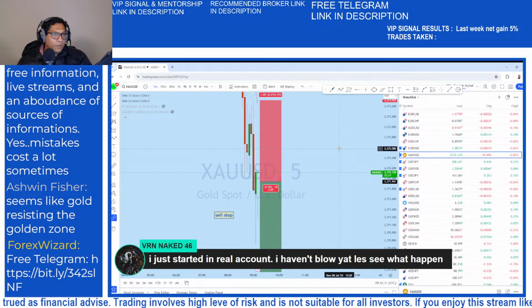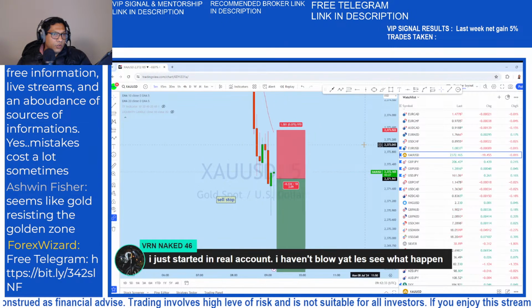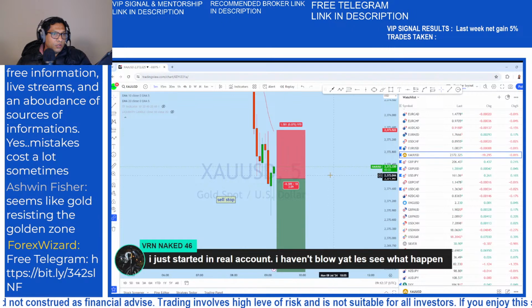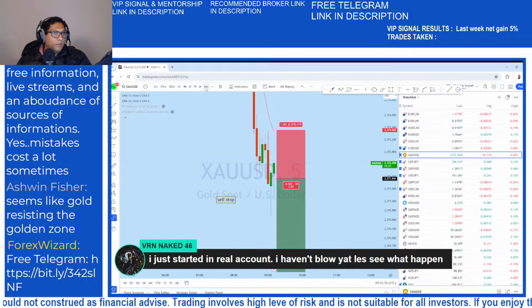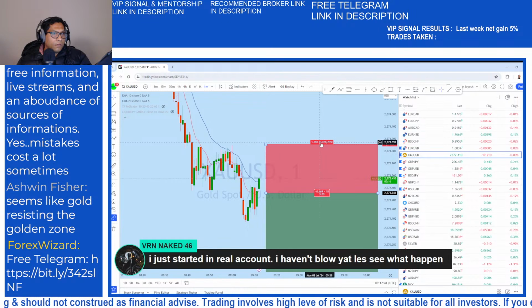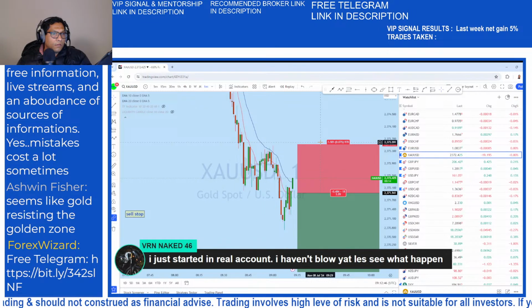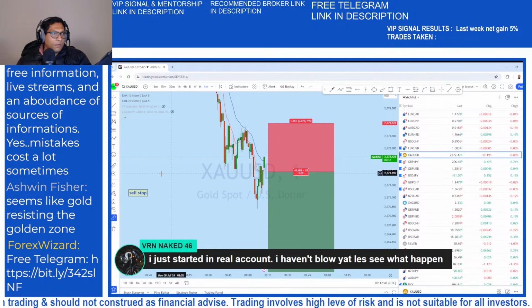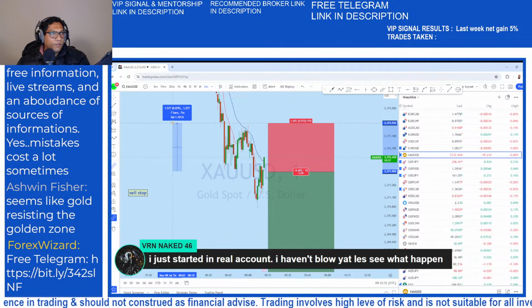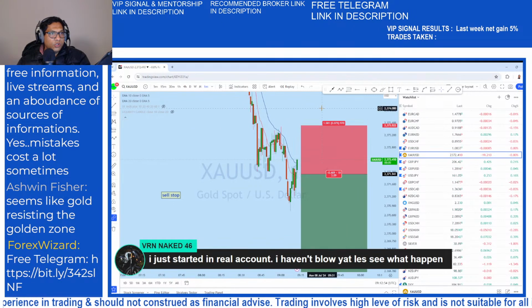Okay, so here, if you guys look at it, you can see this is a pretty important candlestick pattern forming. So very tight stop loss though, only around 15-16 pips stop loss.